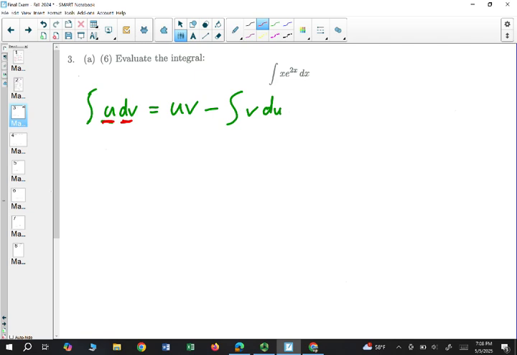The dv is something we could easily integrate repeatedly. That's something that we just have to pay attention to, because when you integrate dv, it turns to v, and when you differentiate u, it turns to du. Okay, so I'll set this up on the side here.